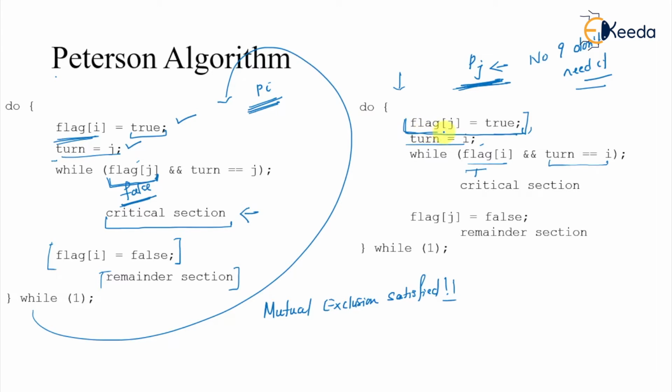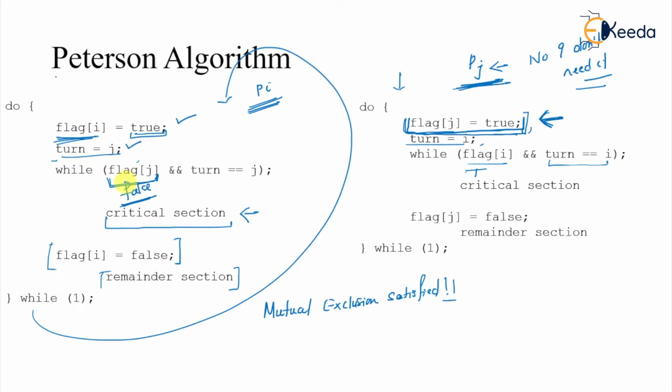Suppose it has set the flag, that is, it has made the intention that it wants to enter into the critical section. Suppose flag j is set to true by pj.